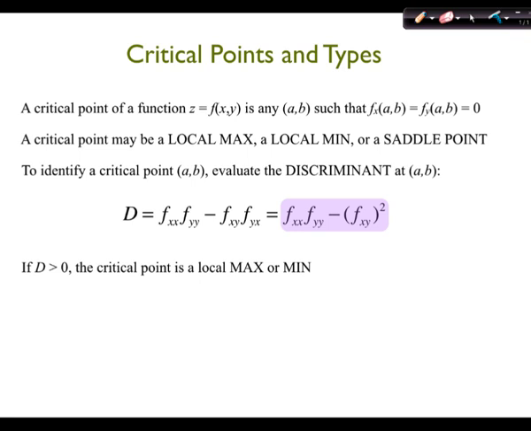So if that thing is greater than 0, you have a local max or min. So if the discriminant is positive, you have a local max or min. Then how can you tell which it is? What would you look at to tell whether it's a local max or min?